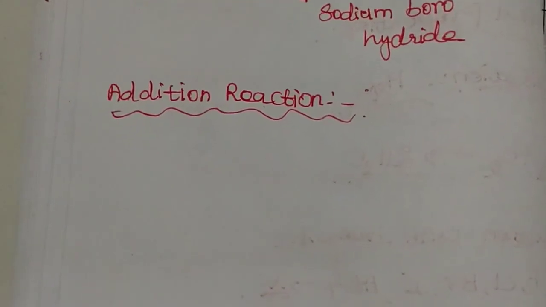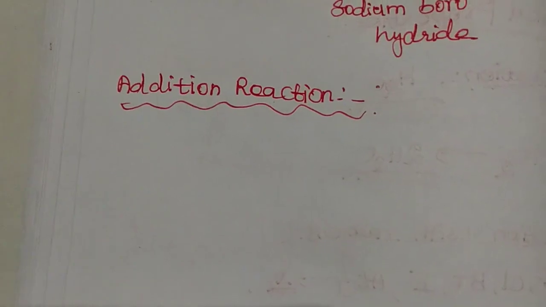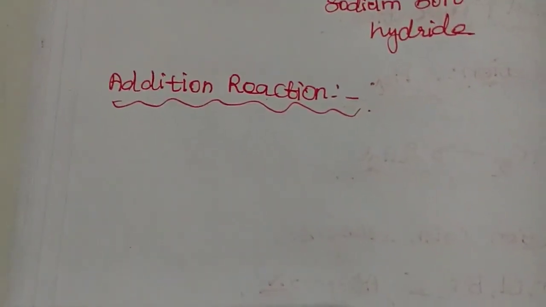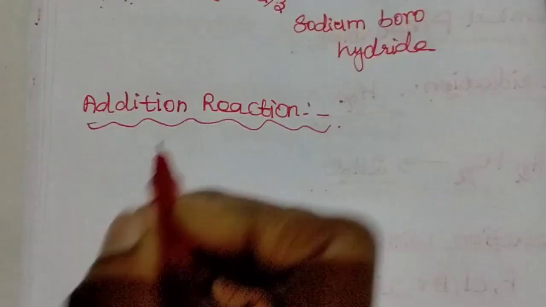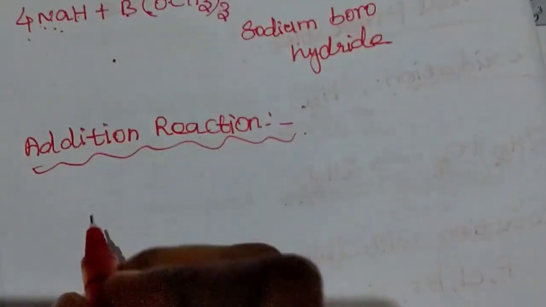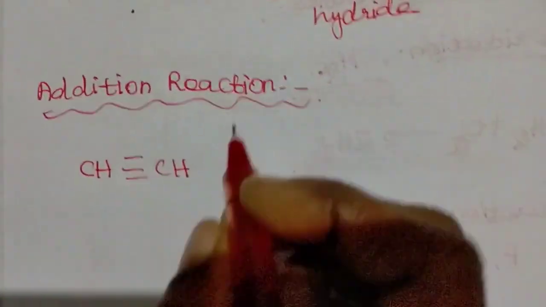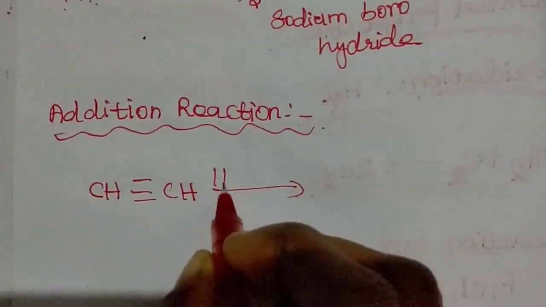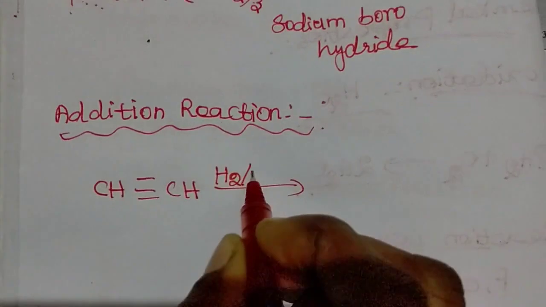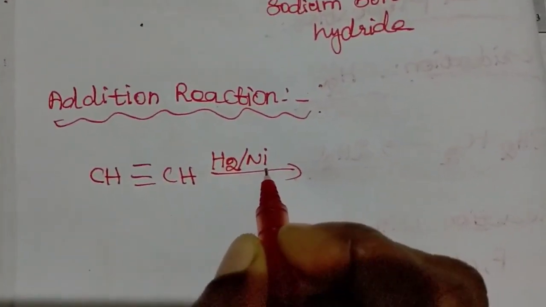When we use hydrogen and nickel as a reducing agent on an unsaturated organic compound, they can form saturated compounds. Example for this, we take acetylene. What is the formula of acetylene? CH triple bond CH, an organic compound. It is treated with hydrogen in the presence of a reducing catalyst, nickel.